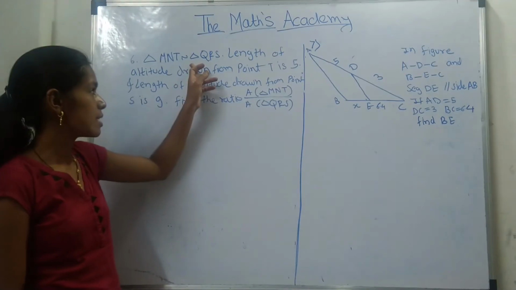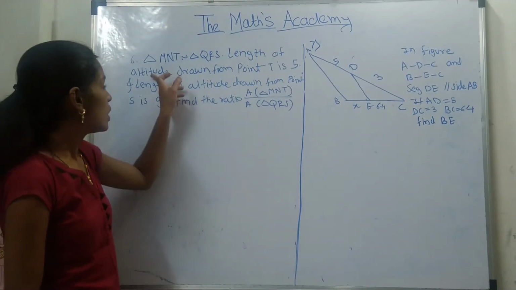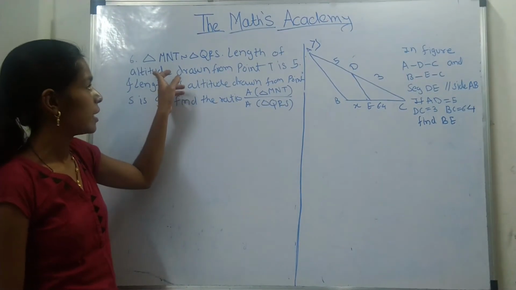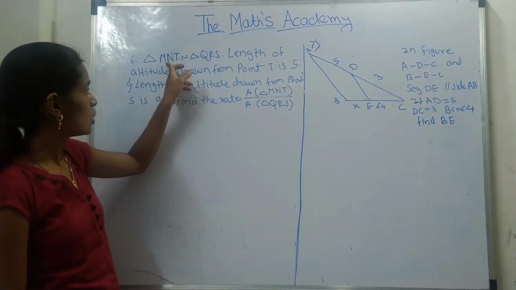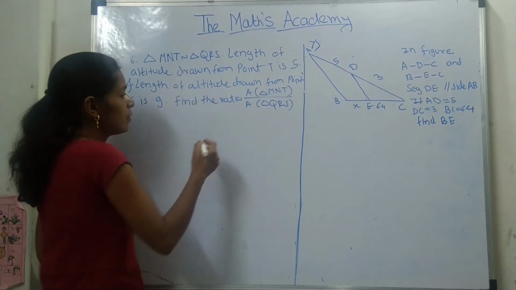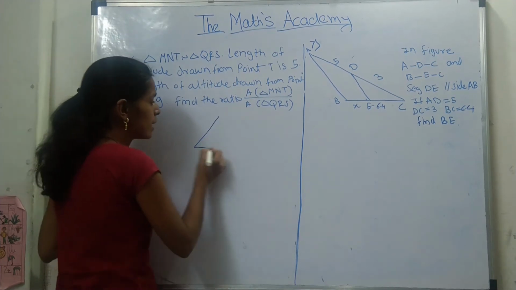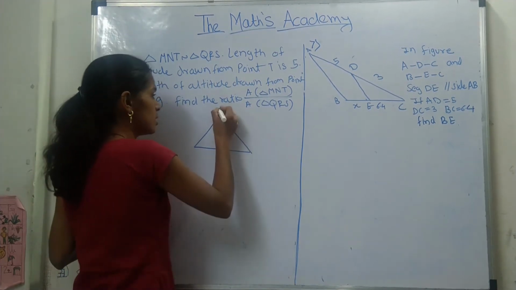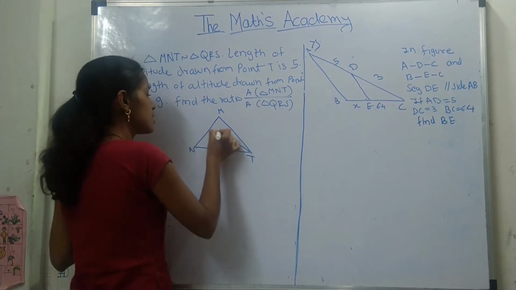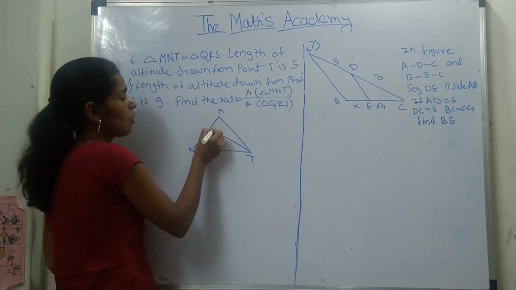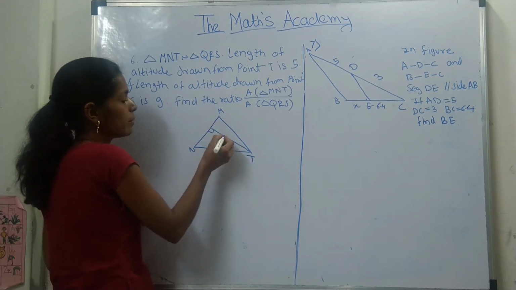As the triangles are similar, you have given length of the altitude. Altitude means nothing but the height. Height of the triangle drawn from point T means it is the height of the triangle MNT. If MNT is the triangle like this, then this is the altitude of the triangle MNT drawn from point T.